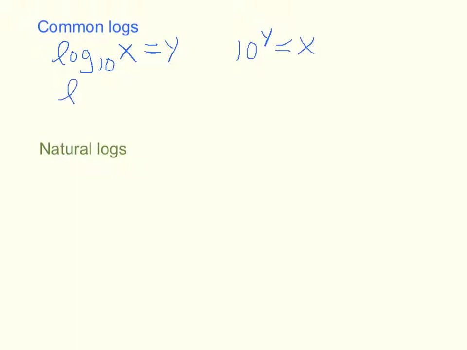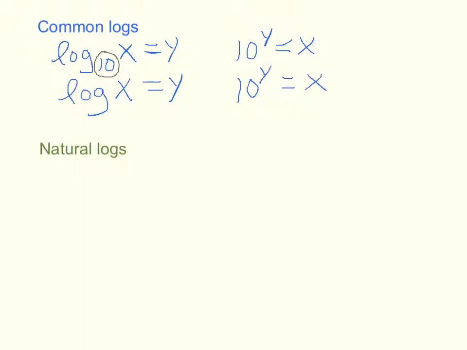So if there is no subscript, as in the 10 here, there is no subscript there, then what we're talking about is a log base 10. So this is 10 raised to the y gives you x.